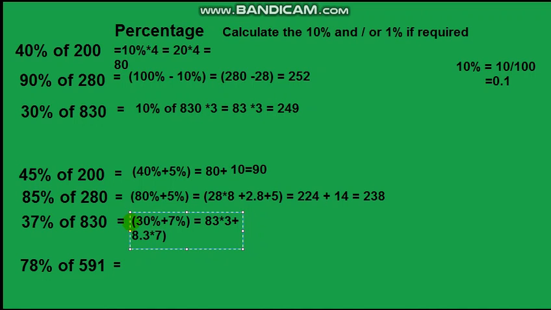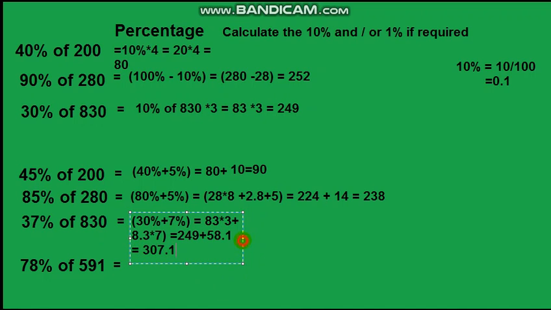You have to do all the calculations for this. So 83 multiplied by 3 is 249, plus 58.1, and the answer is 307.1.